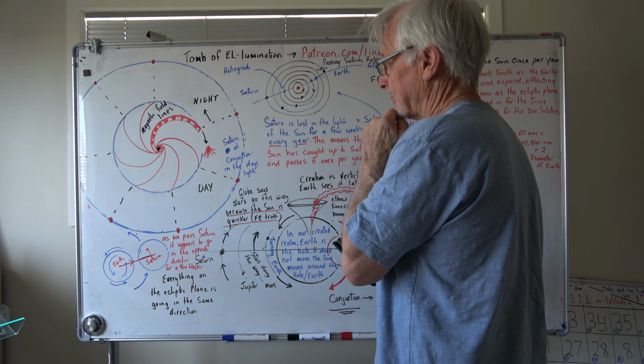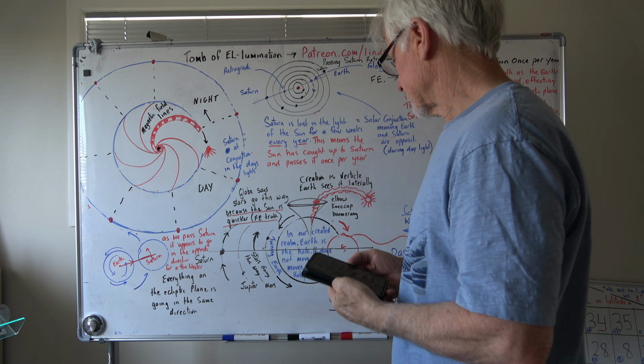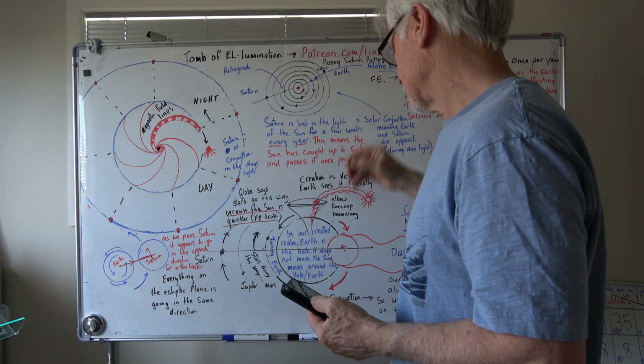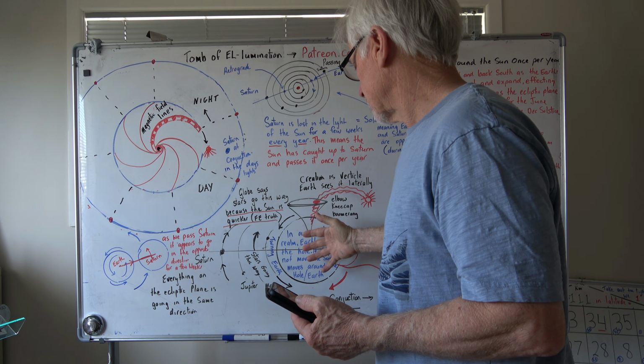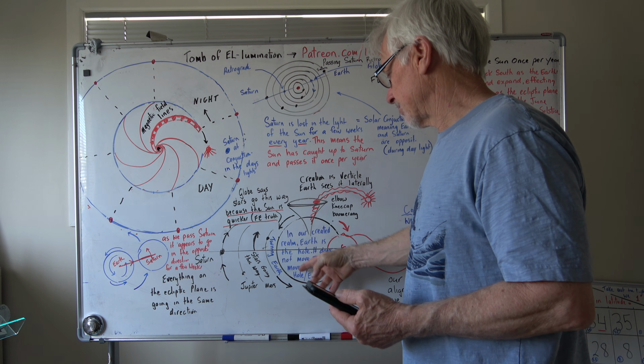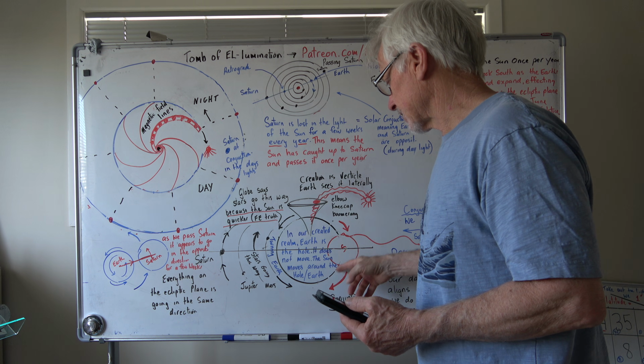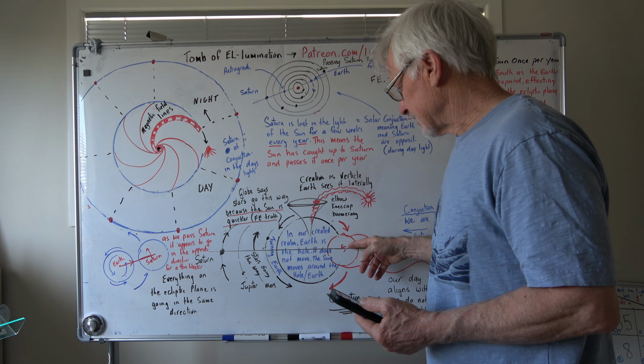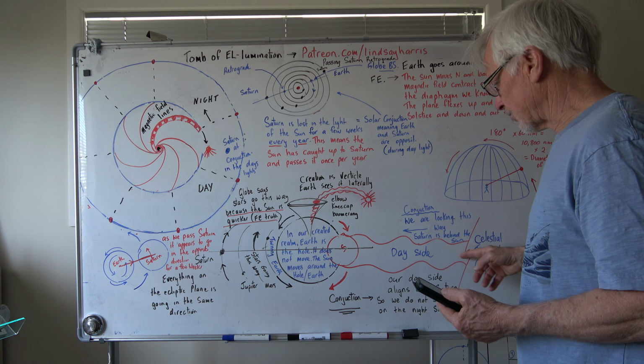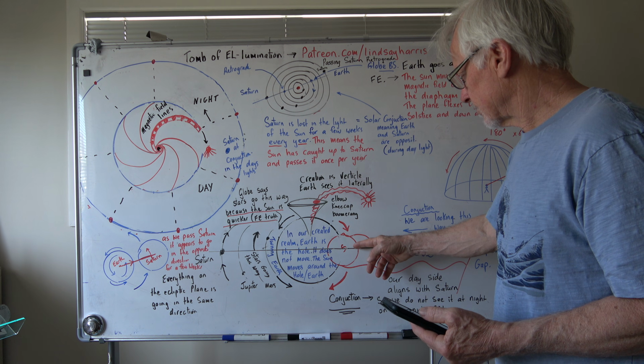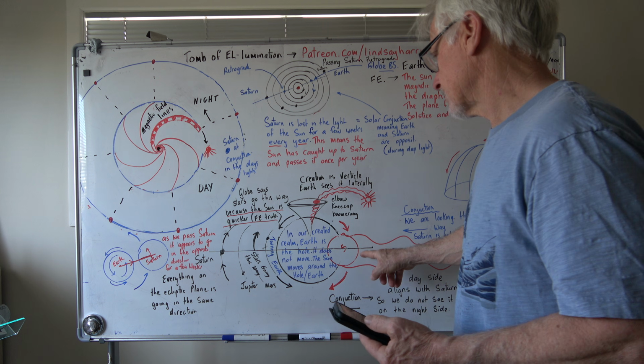How can I describe that? Black hole. Well, just imagine, black hole, there's your Earth, there's the Sun going around it, and the Sun's over here, this is the day side. Is it?